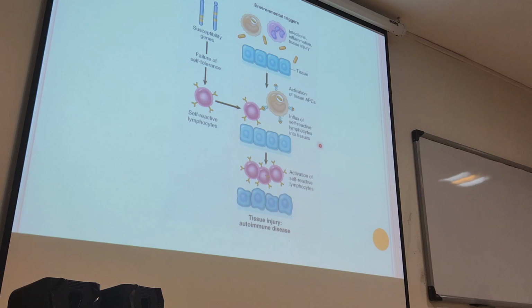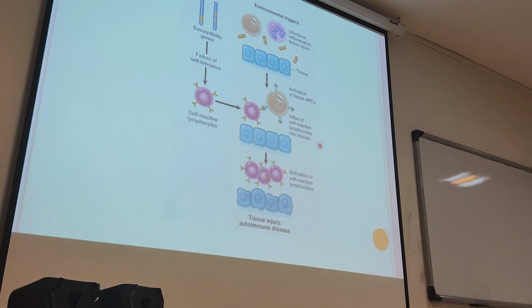After trauma, we may have some antigens that are introduced to our immune system. For example, after injury to the cells by UV light, we have introduction of nuclear antigens to the immune system.